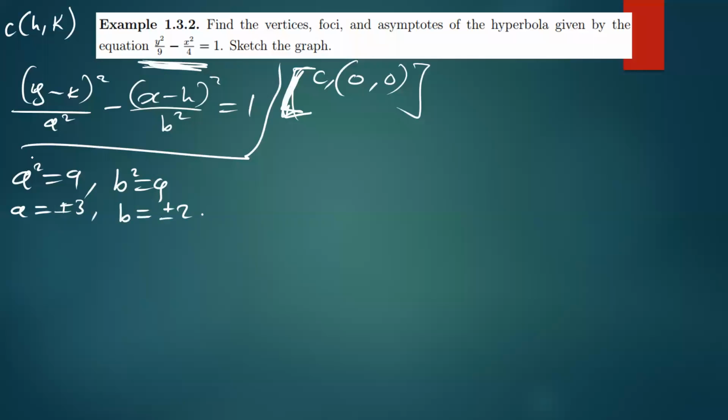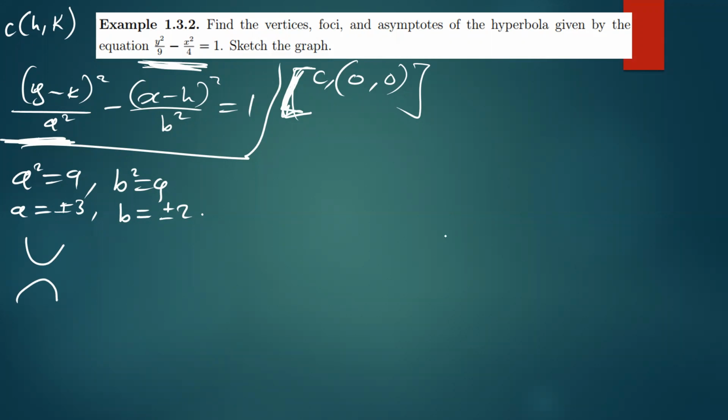When you look at this equation, the first or positive term is the term containing y. If the term containing y is the one that is positive, then we expect our curve to be directed along the y-axis. So our curve is going to be like this: one will face up, the other will face down.